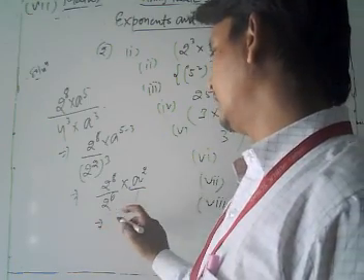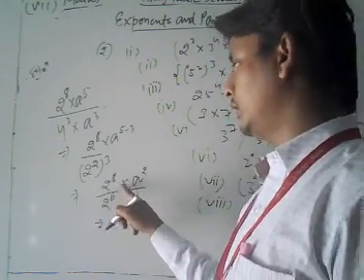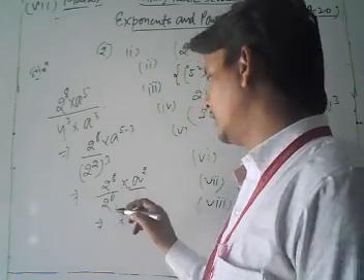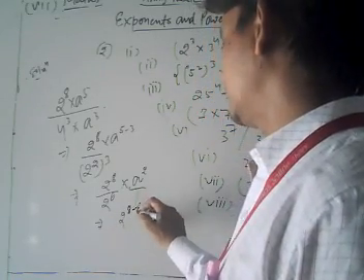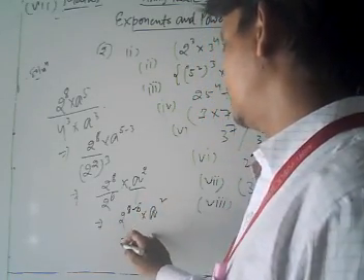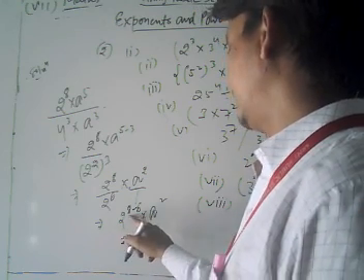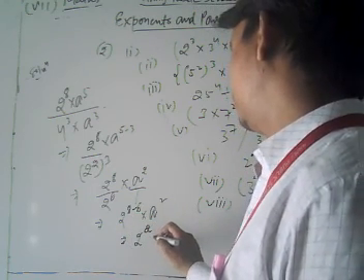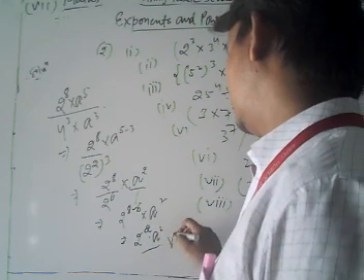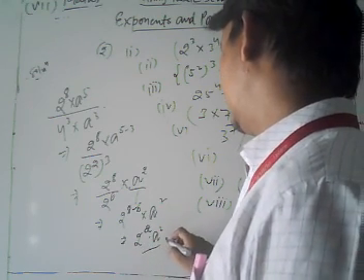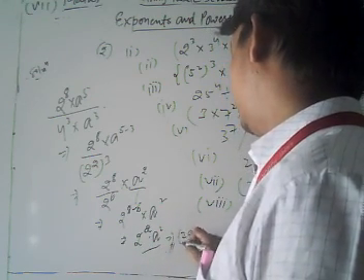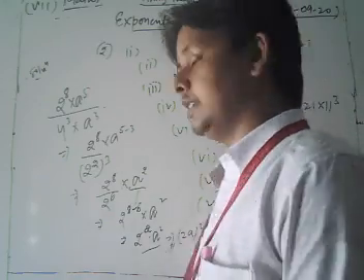Here we again apply the laws of exponent. So we write 2 power 8 minus 6 into 8 square. So we get 2 power 8 minus 6 as 2 square into 8 power 2. Also we can write it in this way, (2 into 8) whole power 2. This is our final answer.